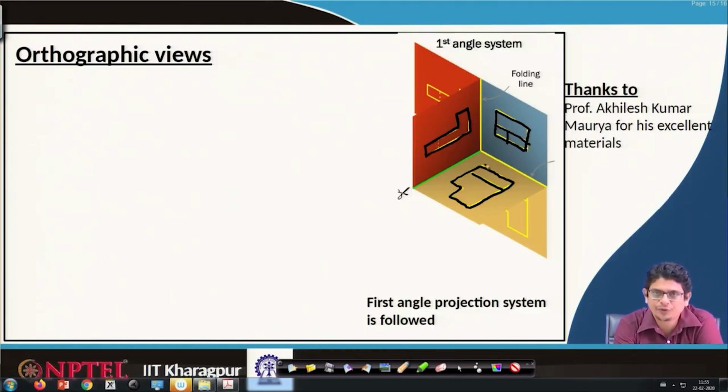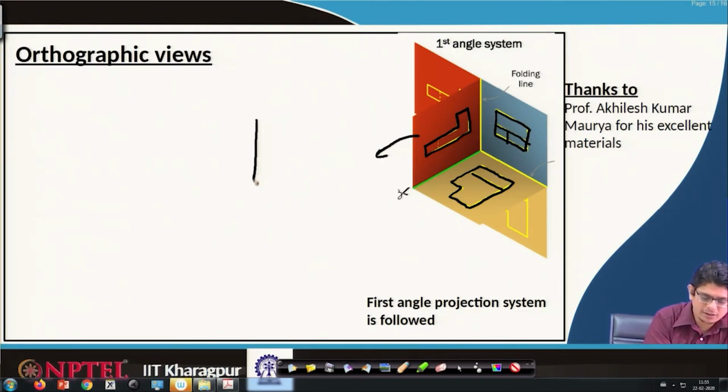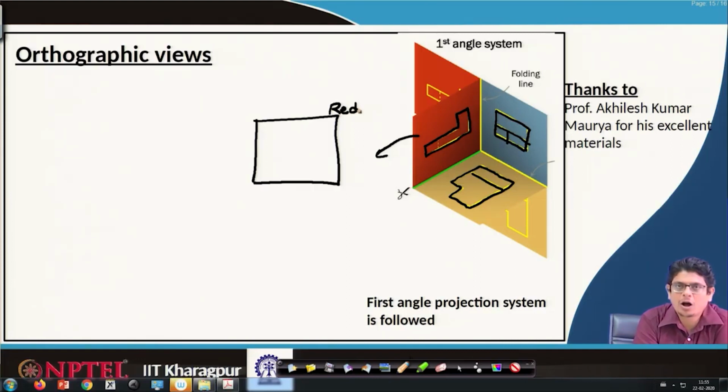Once these views are obtained on these orthogonal planes, what we do is represent this one plane, the red plane, let us consider, on the drawing sheet.